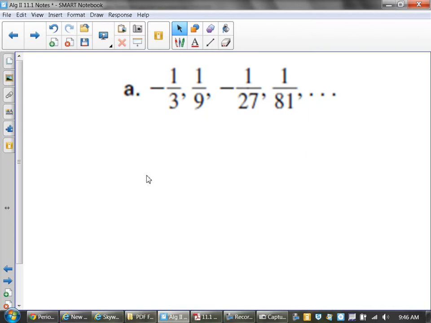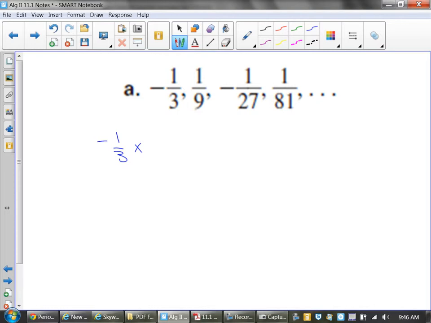So if you start writing it out like you're saying, that x value would be your n, I'll use that as n. Then it would be negative 1/3 times 1, negative 1/3 times 2, negative 1/3 times 3, and so on and so forth. But it's dividing, so you would have to put 1 over.